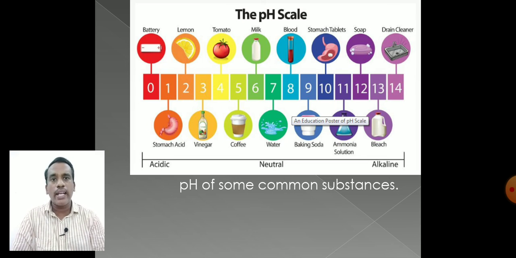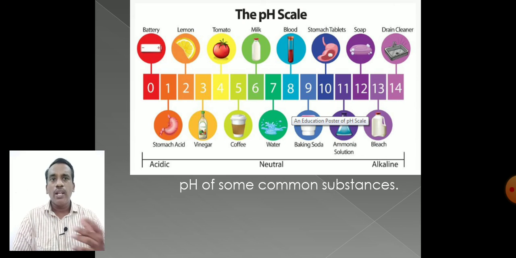The hydrochloric acid has a pH of about 1.2. We will be dealing with it in detail again. And you can see the lemon juice, its pH value is 2. Also the vinegar, its pH value is 3. In the tomato, it's 4.